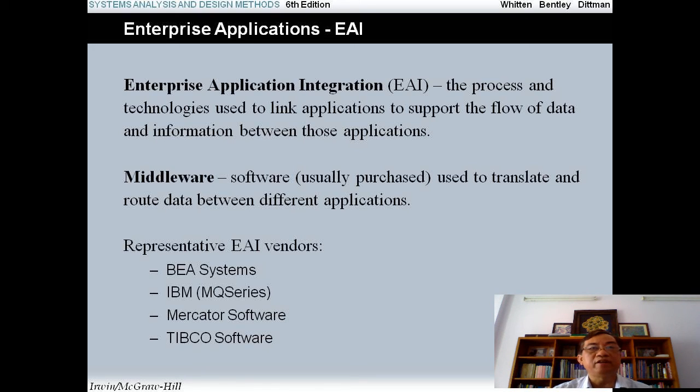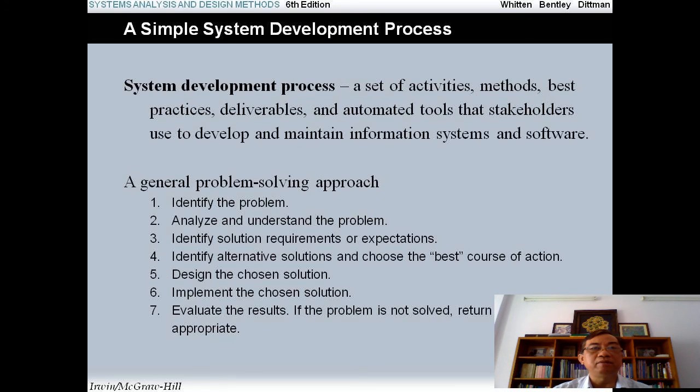A simple system development process. A system development process is a set of activities, methods, best practices, deliverables, and automated tools that stakeholders use to develop and maintain information systems and software. A general problem-solving approach contains the following steps. The first one is identify the problem, then analyze and understand the problem.